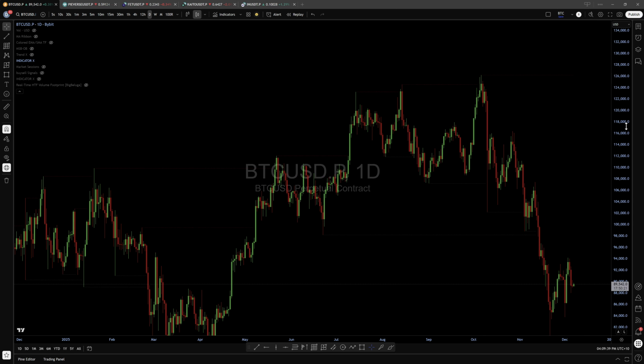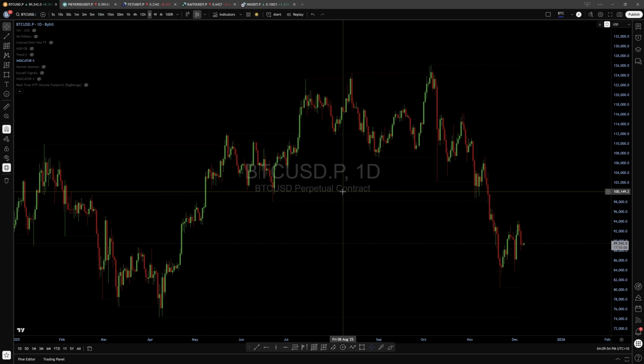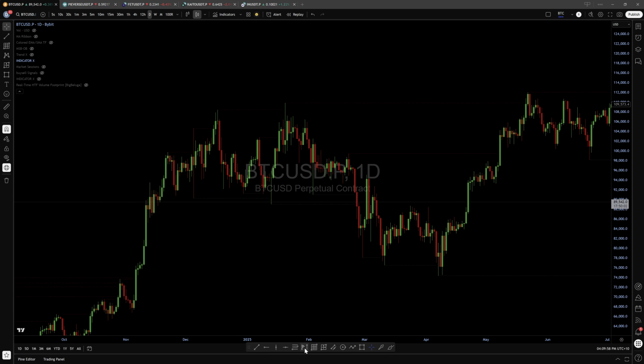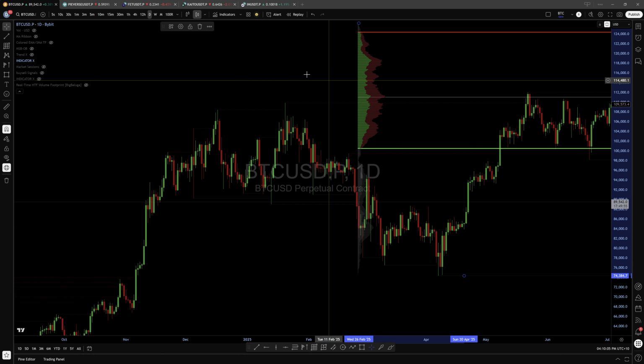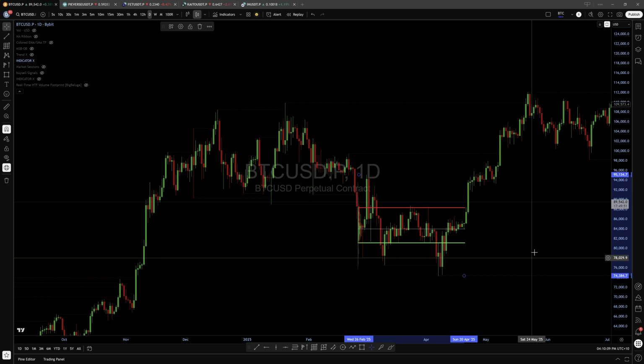So with all this being said, your support, resistance, your flip zones, your fair value gaps, your order blocks, opposing levels, liquidity. There are other key levels like volume areas, which I'm going to talk more about in its own video, but I can use a fixed range volume profile in some area that's ranging, where price is going sideways.